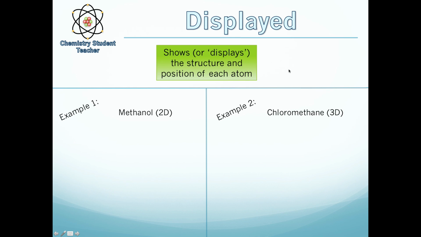So the next one is the displayed formula. This shows, or as I like to say, displays, this is how I remember it, the structure and position of each atom. So you may have seen me do it before in the previous slides, but methanol, if you remember, meth has 1 carbon, and 3 hydrogens, and 1 OH group. So that's methanol in 2 dimensions, and this is what the displayed formula is.